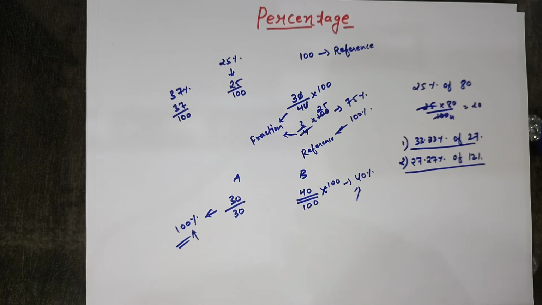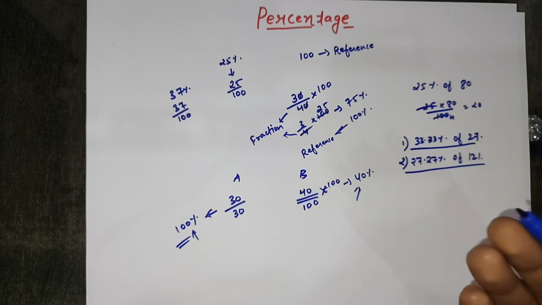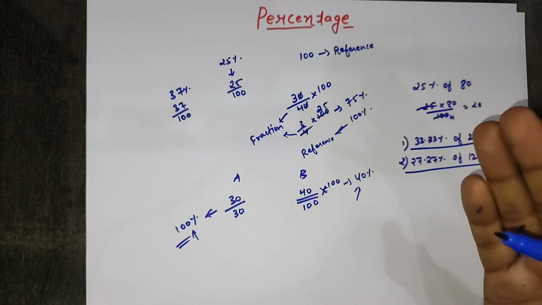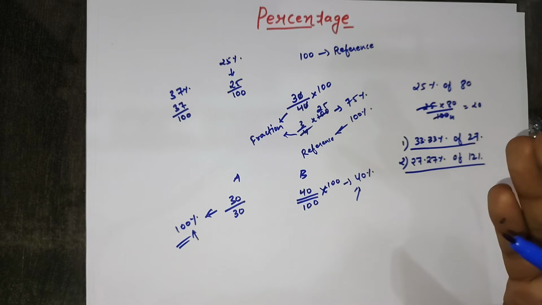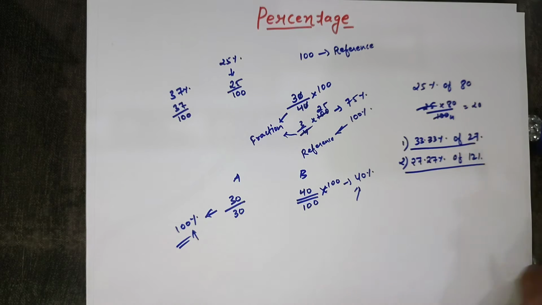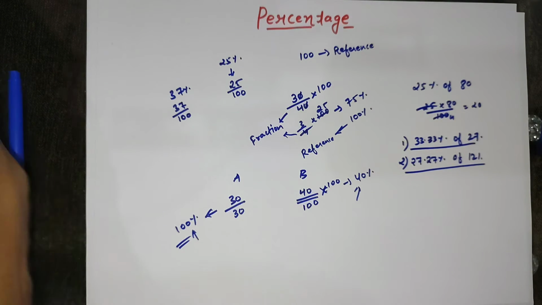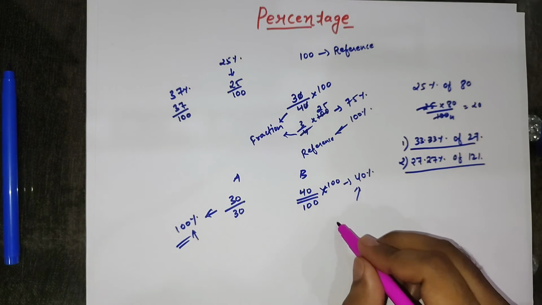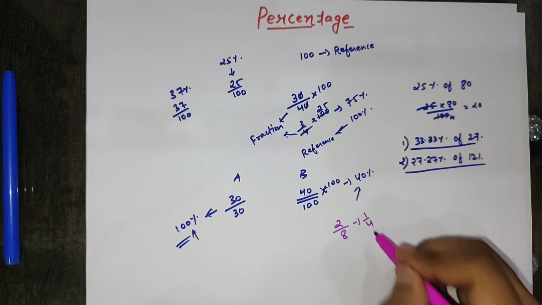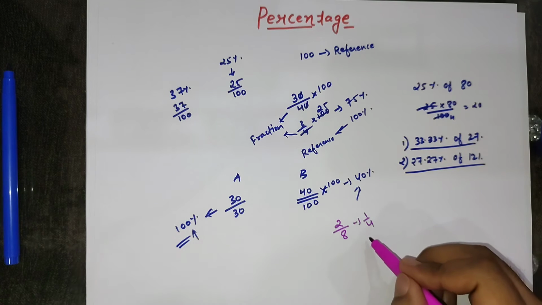So let's move to our topic, percentage into fraction conversion, and vice versa. Before going on to that, I'll make you understand how we can convert percentage into fraction and how we can convert fraction into percent, right? So let's take an example. We have a fraction called 2 by 8. We can write this as 1 by 4 as well.